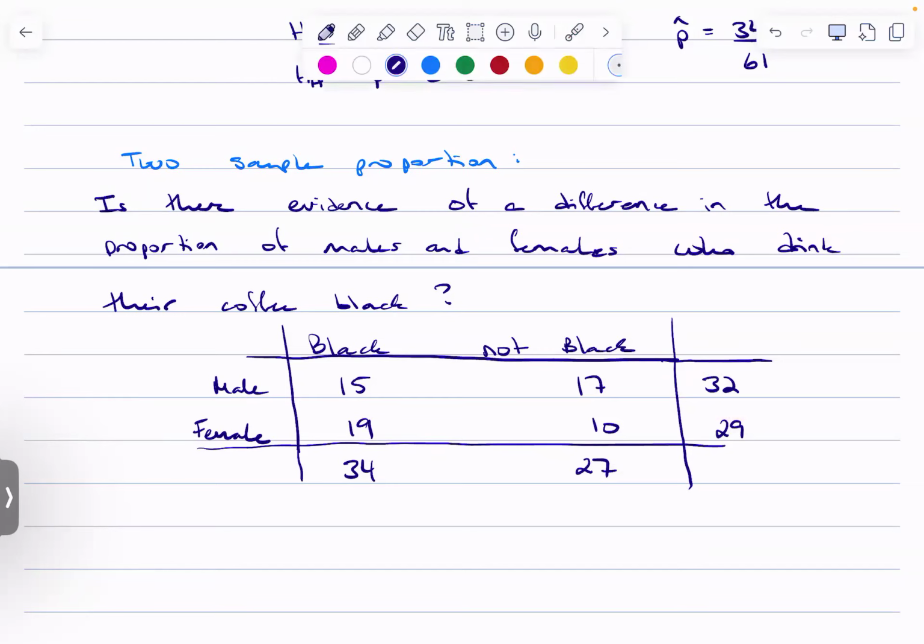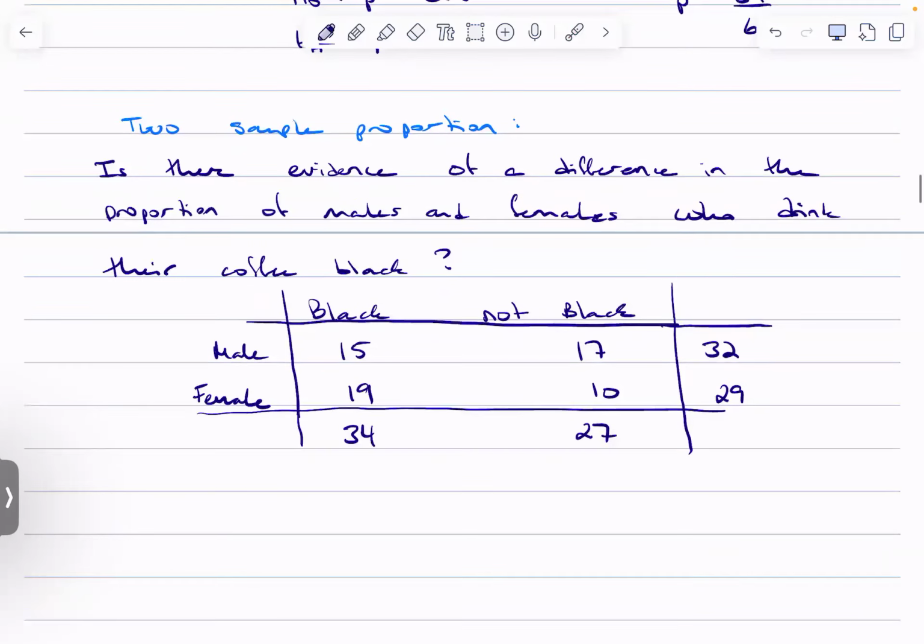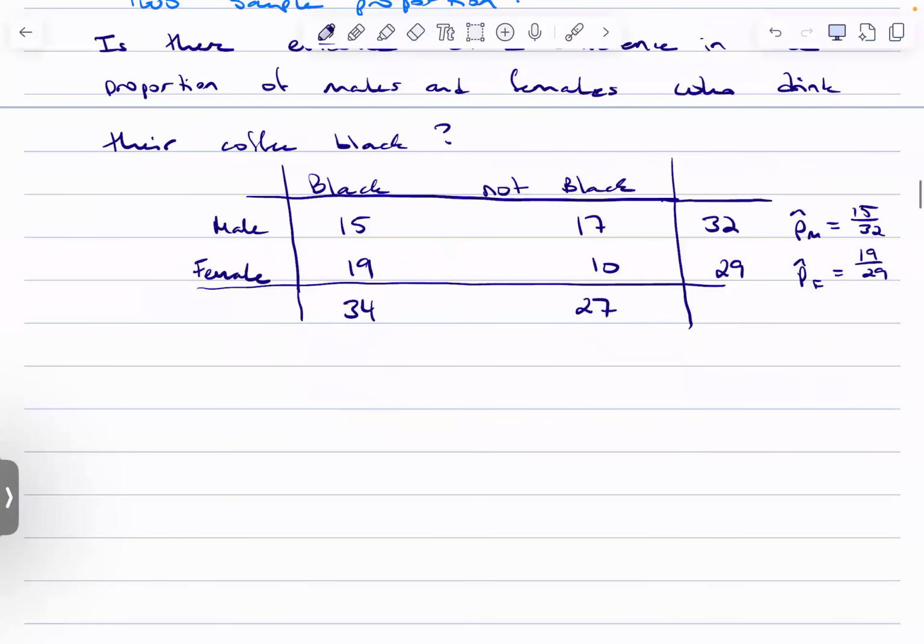And so here, your P hat M is 15 over 32, and your P hat female would be 19 over 29. Those would be your sample proportions now, because you want to compare those two groups, right? And the success is the same for both of these. What's your null hypothesis?